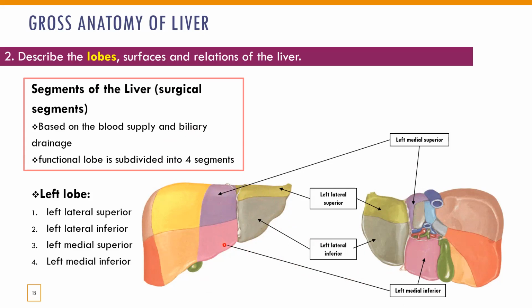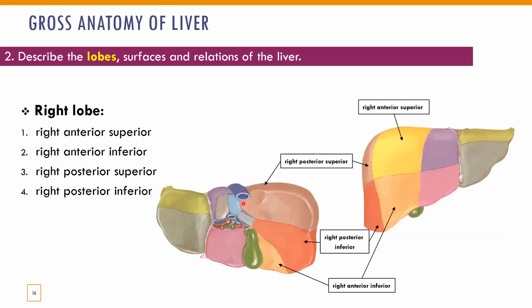So this is the division of the surgical segments of the left lobe. Okay, now we go to the right lobe. For the right lobe, it's also 4. It has right posterior superior, right posterior inferior, right anterior inferior, and right anterior superior.